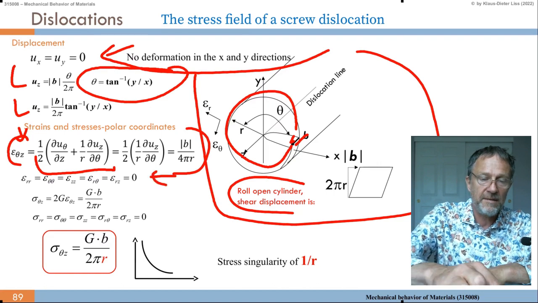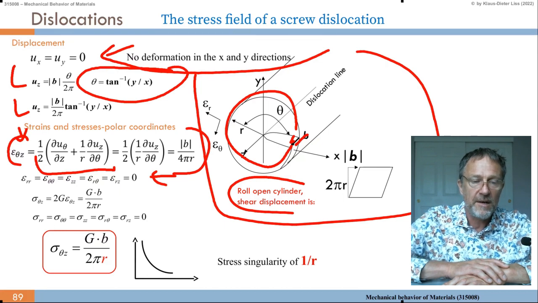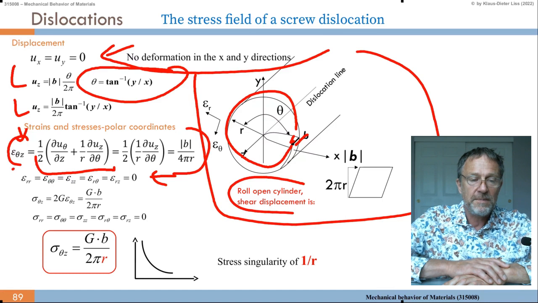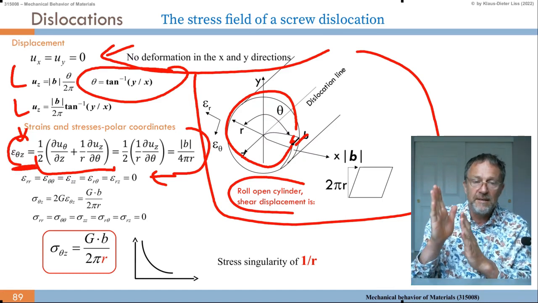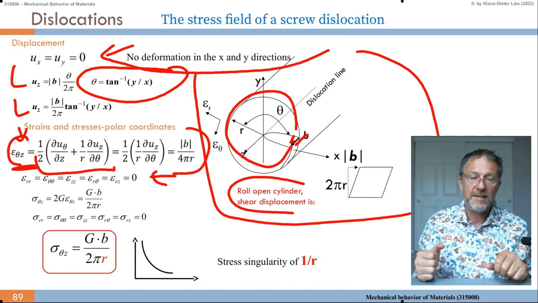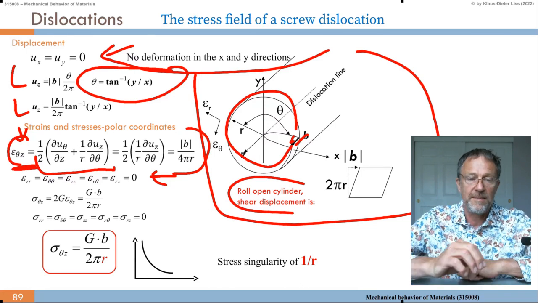The other components, they're 0. All the other strain components, so epsilon r is 0, epsilon theta theta is 0, epsilon zz is 0, epsilon r theta is 0, and rz is also 0. So very easy, we only have one component. We have the epsilon theta z. So this is basically the shear strain along the z-axis in the polar coordinate system.